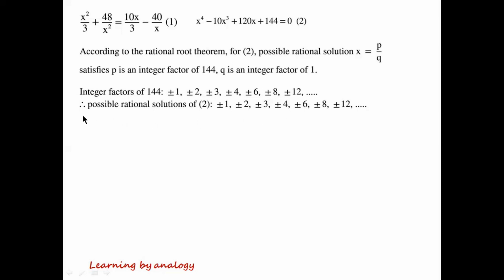So possible rational solutions of equation 2 are plus minus 1, plus minus 2, plus minus 3, plus minus 4, plus minus 6, plus minus 8, plus minus 12, and so on.